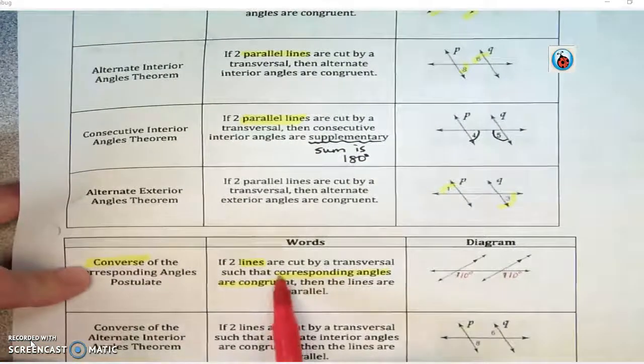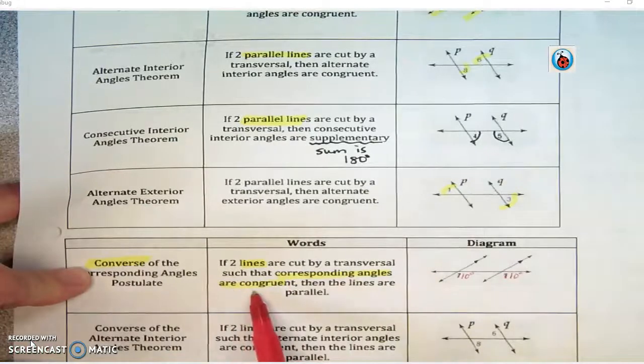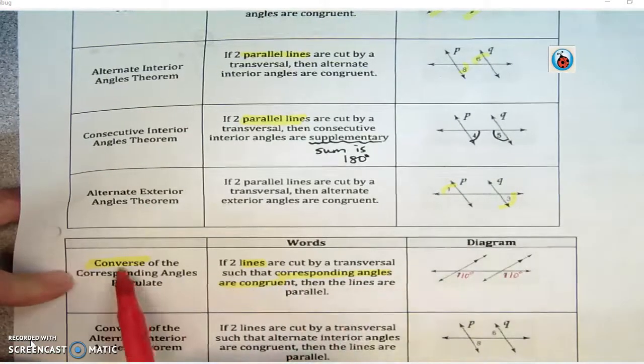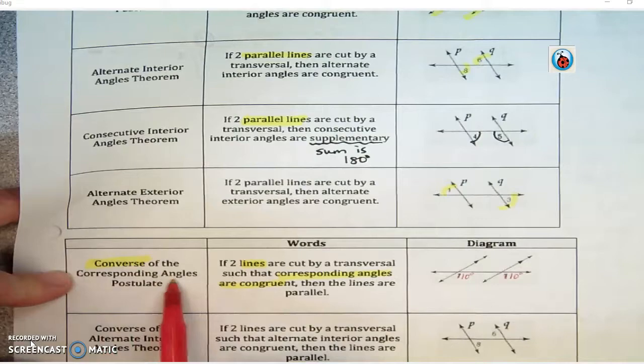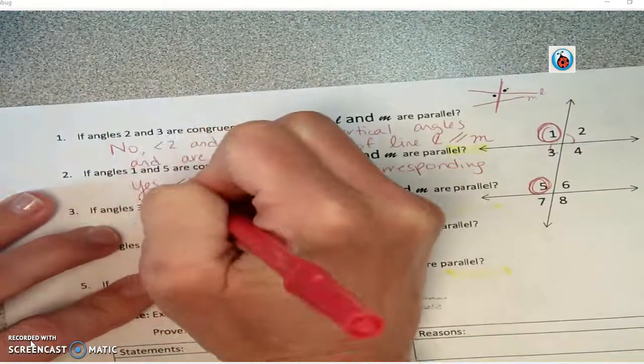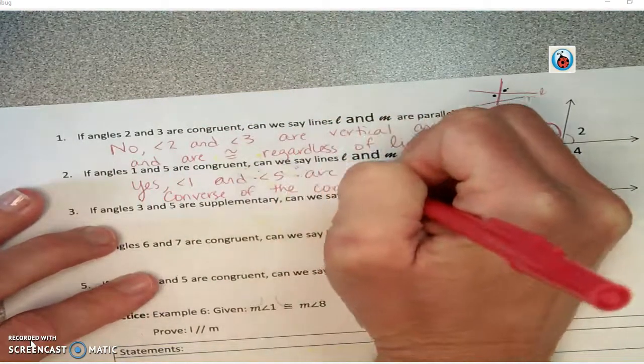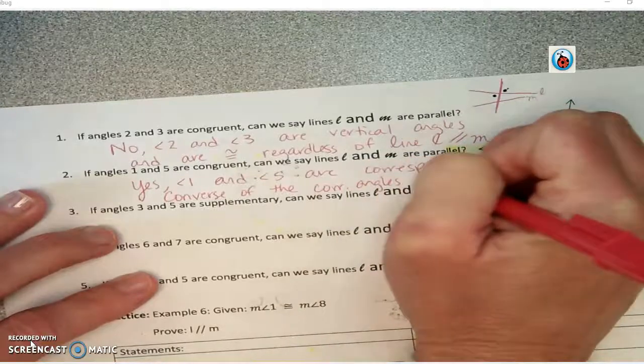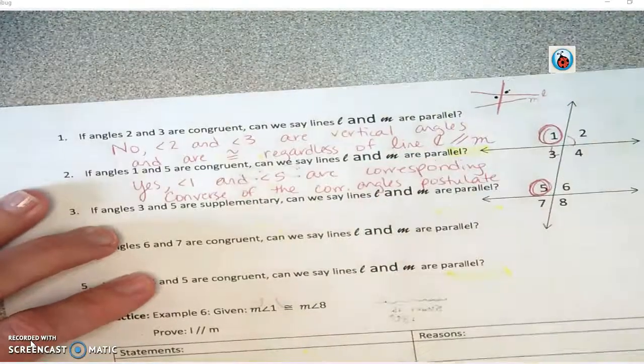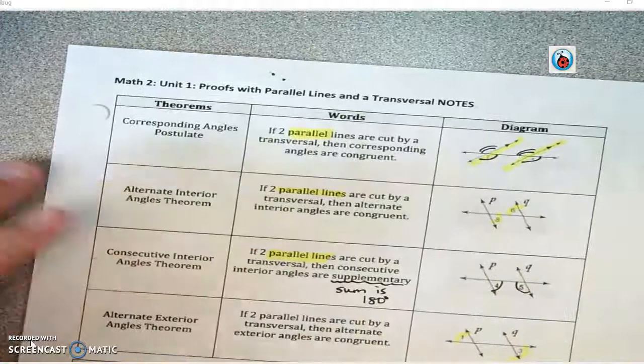If we know that the corresponding angles are congruent, then we know the lines are parallel. That is the converse of the corresponding angles postulate. And you do not have to memorize these.